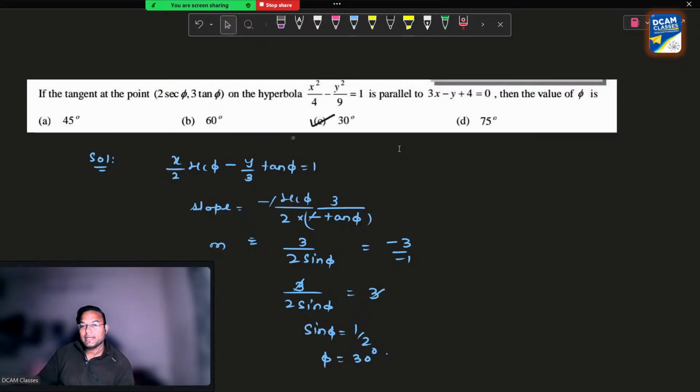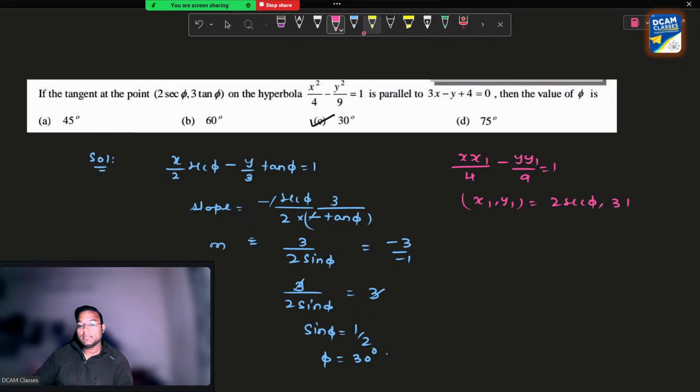It's given in parametric form. Otherwise, if you do not use the parametric form, you could have done it like that. The equation of the tangent is x1 by 4 minus y1 by 9 is equal to 1. x1, y1 is given to be 2 secant phi, 3 tan phi.